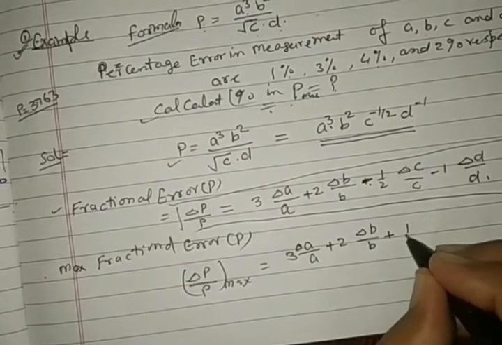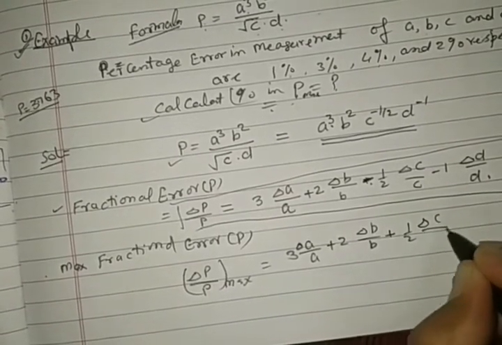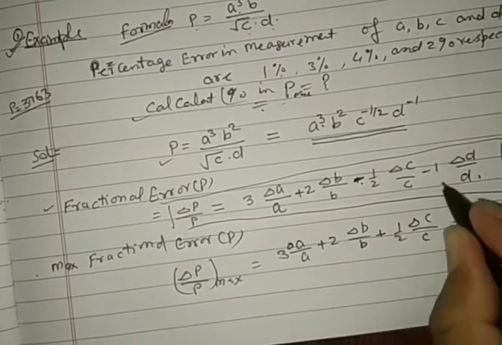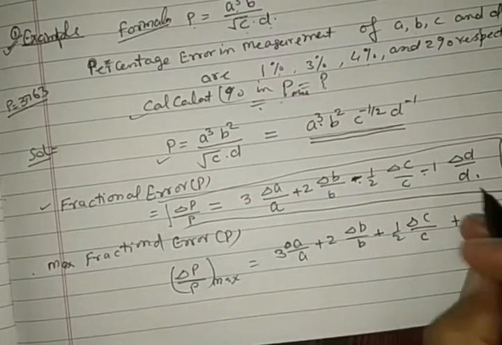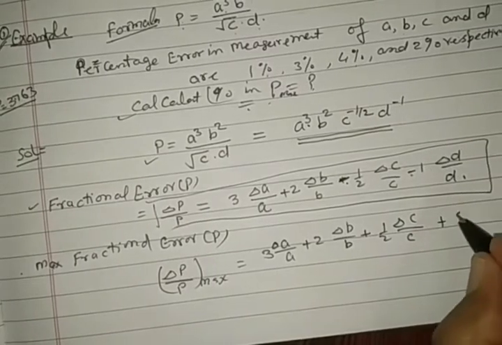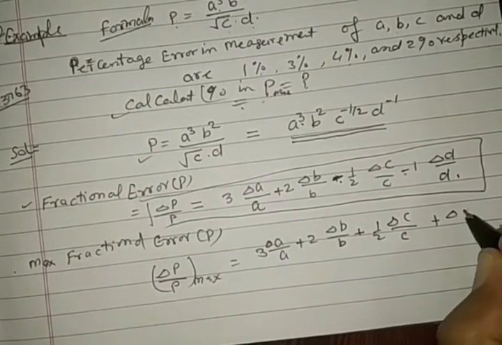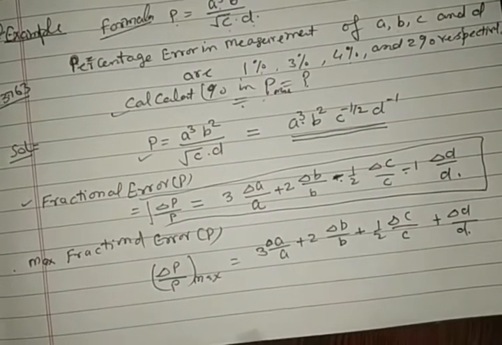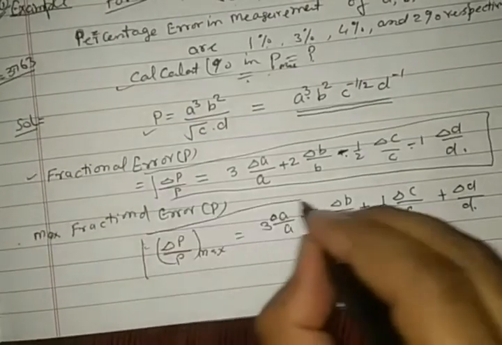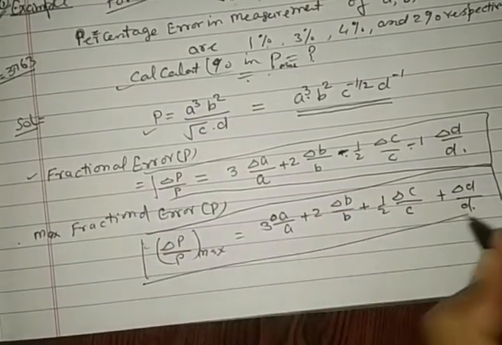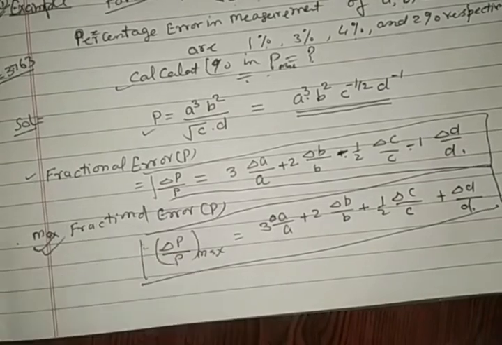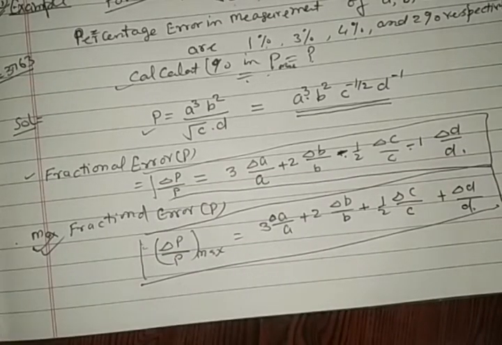So it is 1 by 2 delta C by C plus, and here the minus is converted into plus, delta D by D. If maximum fractional error is asked, use this formula.